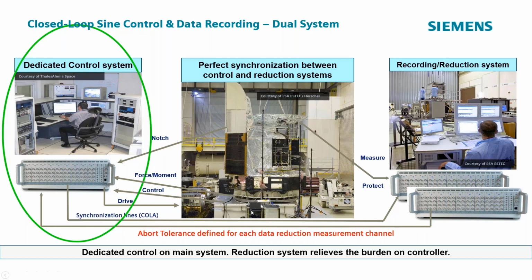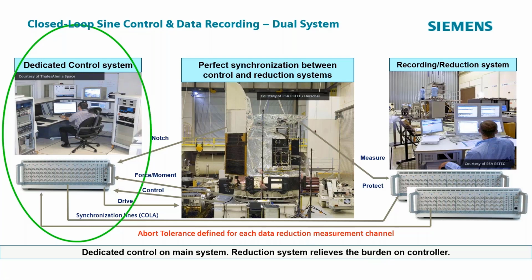But you have your control channels replicating your vibration environment that you want. And then you have a drive output to your shaker amplifier, which sends this signal and makes the shaker do what you want it to do. And basically the whole idea behind the reduction system is you're reducing the processing that the controller has to do.